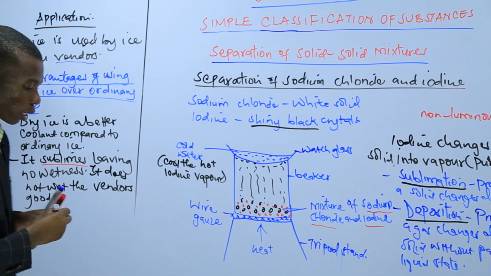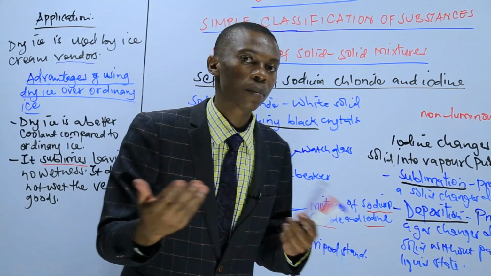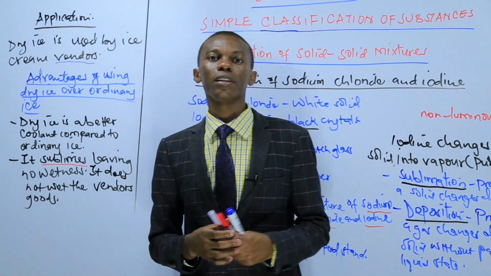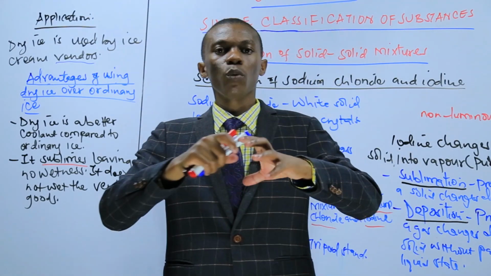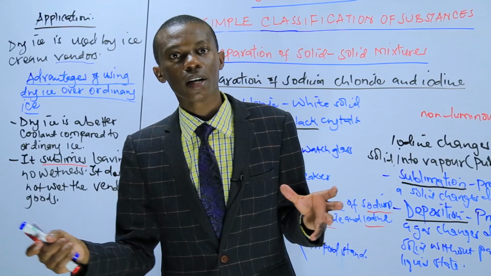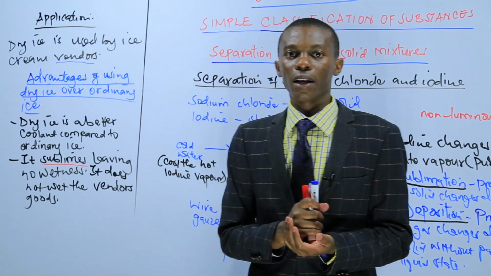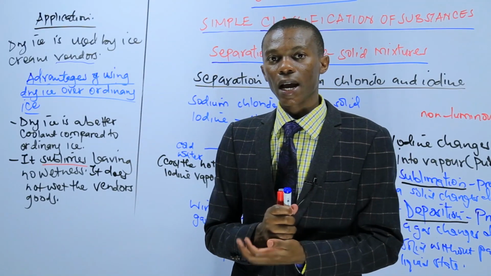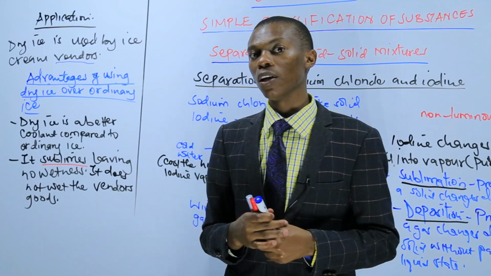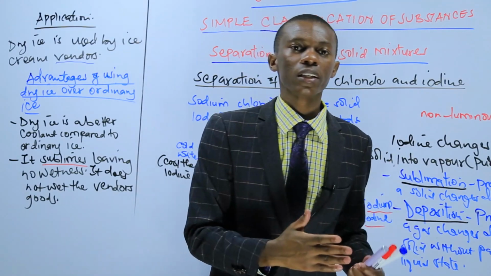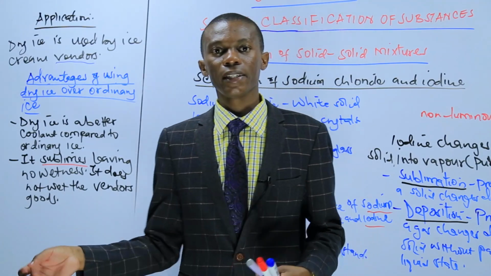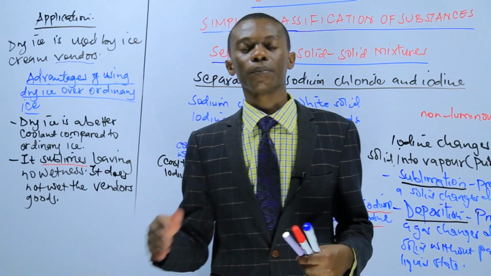So if you are preserving something, or if you want to keep something under low temperatures, and it's able to sublime without leaving any wetness, it cannot wet whatever you are keeping under certain temperatures, while ordinary ice will just change from solid into a liquid and it will be wet all over.